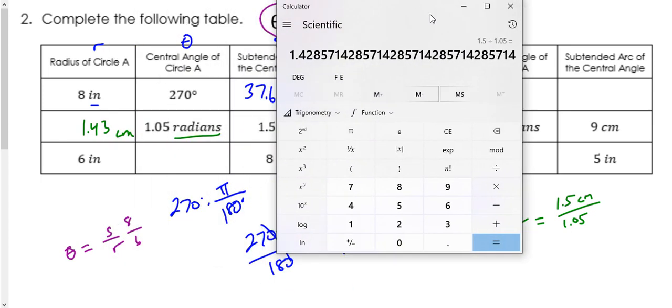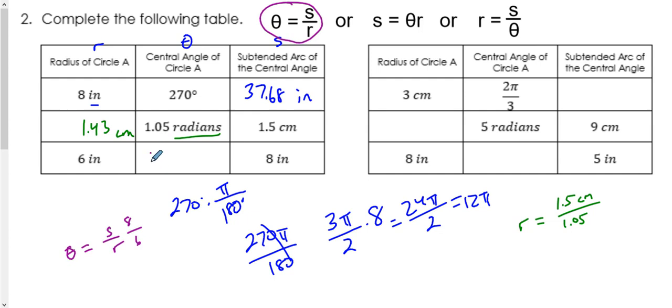In our calculator, 8 divided by 6 is 1.333 repeating. Now this is 1.33 radians. If we wanted to convert that into degrees, we surely could. We would just multiply 1.33 by 180, divided by 3.14, and this would convert it into degrees.